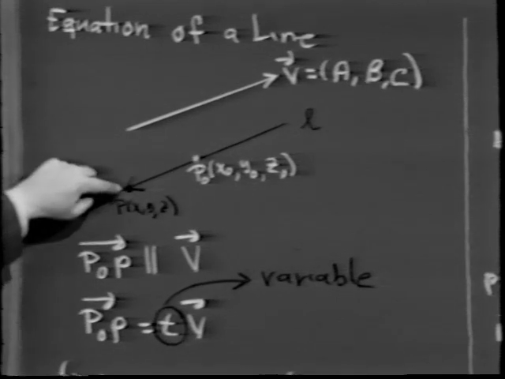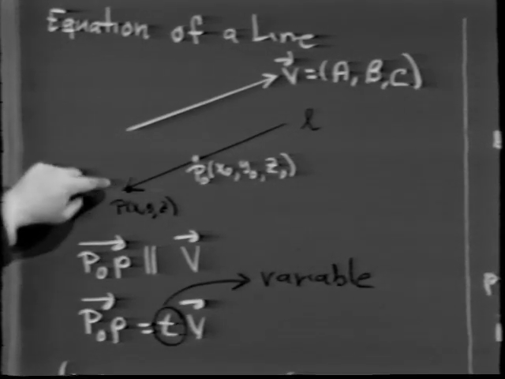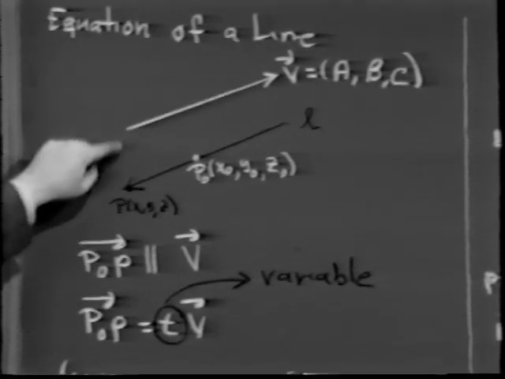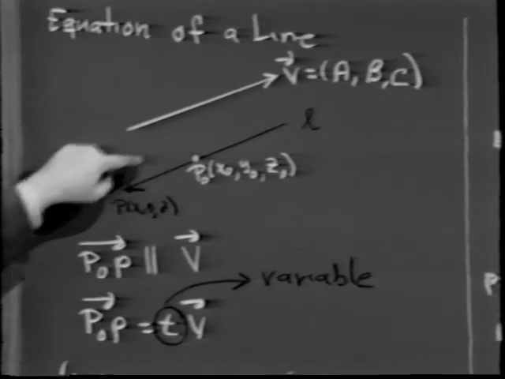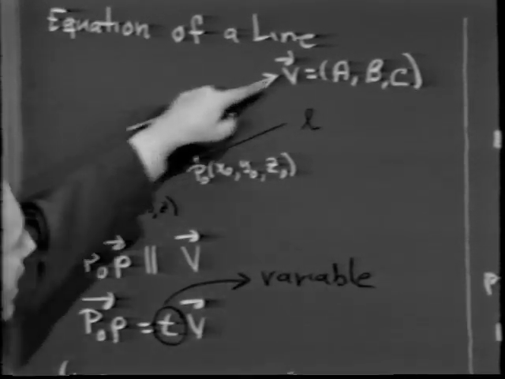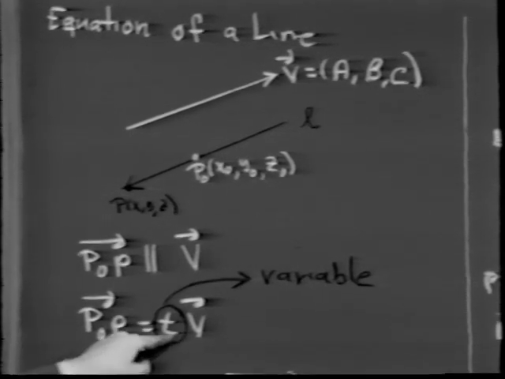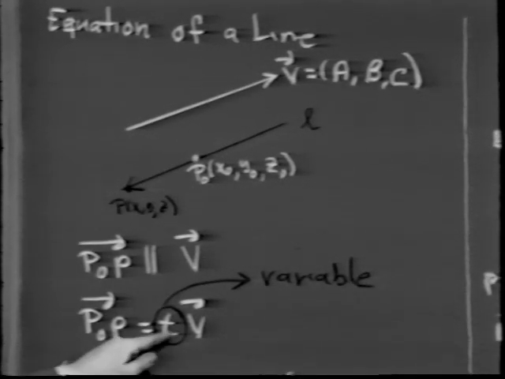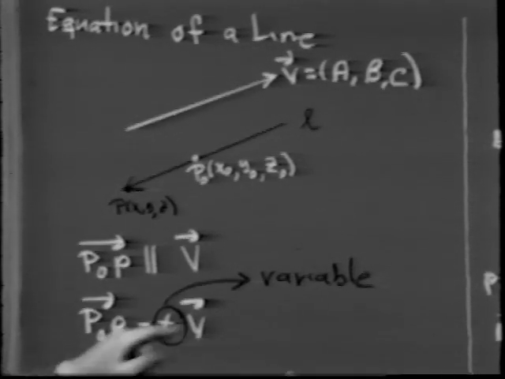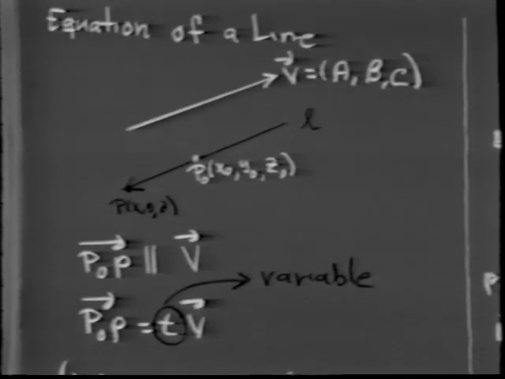And by the way, if I choose P on the wrong side of P0, as I've deliberately done over here, notice that P0P has the opposite sense of v, so that t can even be negative. In other words, not only is t a variable, but if it's negative, it means that P0P has the opposite sense of v. If it's positive, they have the same sense. But I'm not going to belabor that point.